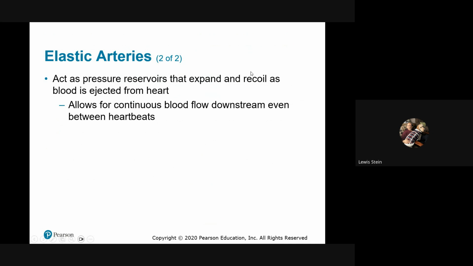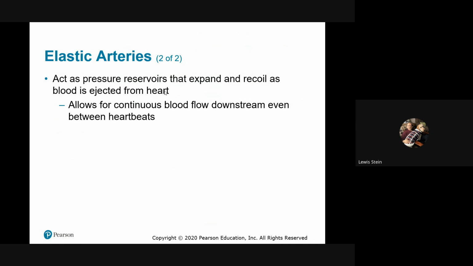So they act as pressure reservoirs that expand and recoil. That's the whole idea of the elasticity. They're the ones that maintain our blood pressure in such a fashion that blood flows surprisingly smoothly. We can feel the pulse.